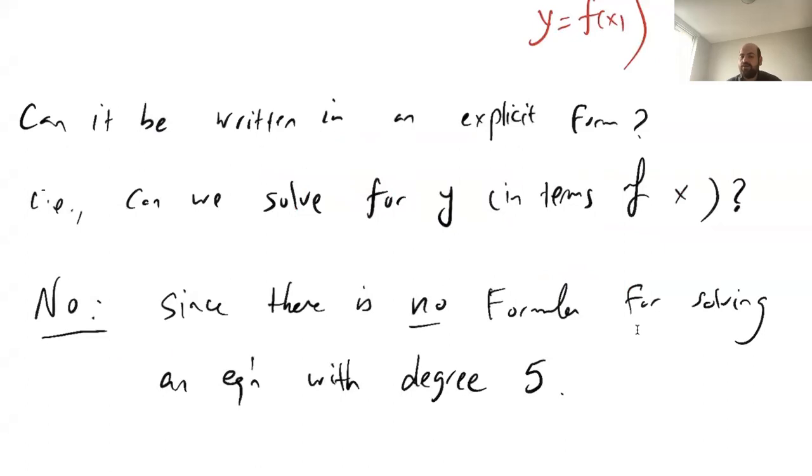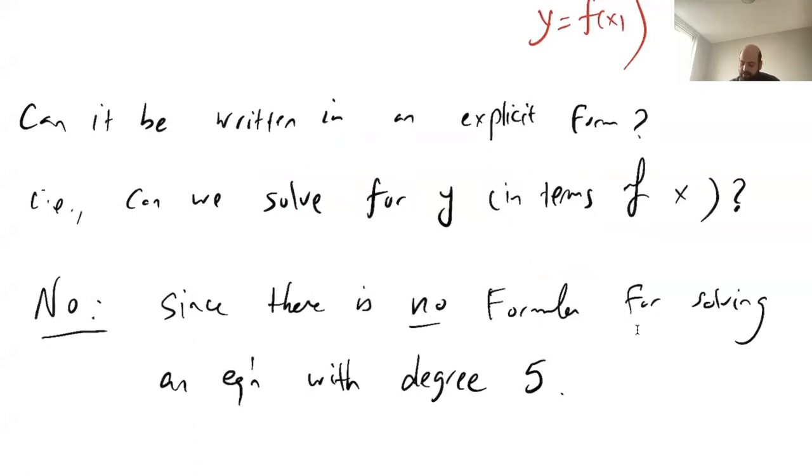There can be no formula for solving an equation of degree 5. So not only have they not discovered it yet, they also proved that it's not possible that in the future someone comes up with a formula for an equation of degree 5. It's not possible. No one can derive a formula for solving an equation of degree 5.